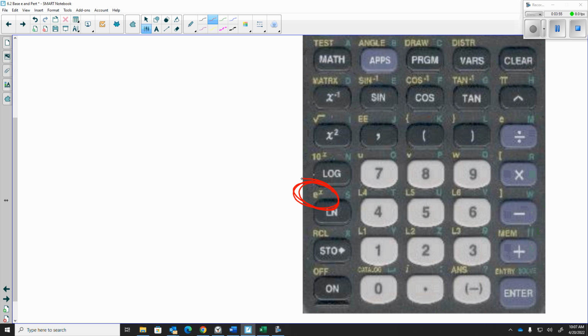Okay? So here's everything you need to know about E. One, E is not scary. I'm just telling you. E is not scary. E is a nice number.